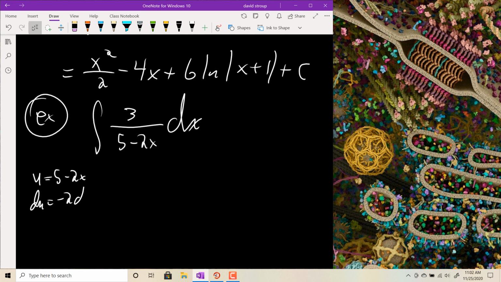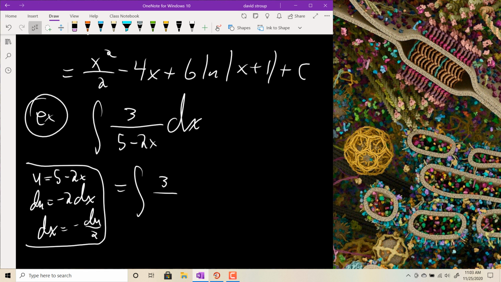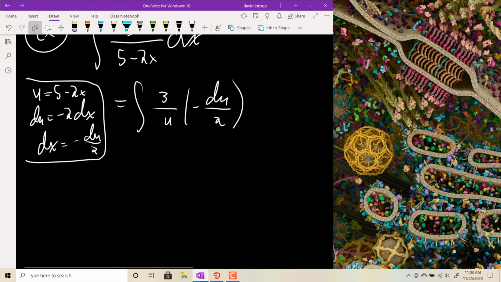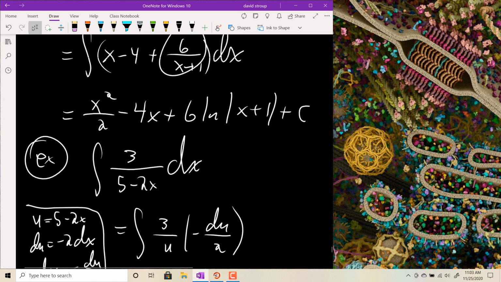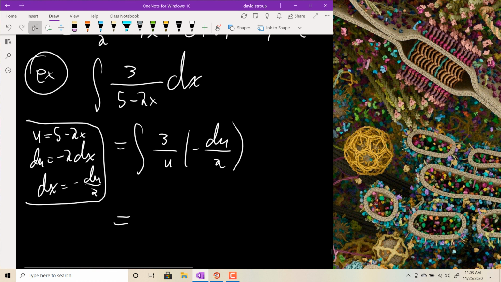Differential is negative 2 dx. dx is negative du over 2. So when I do my sub, I'll have 3 over u, and then there'll be this negative 1/2 floating around. That changes it. That's why it's not just 3 ln of absolute value 5 minus 2x.